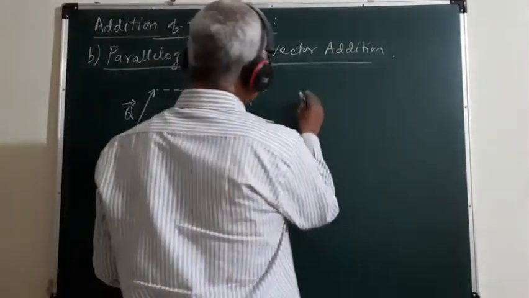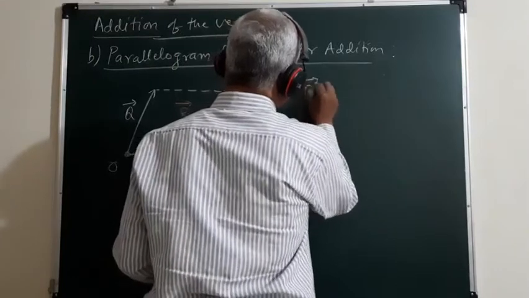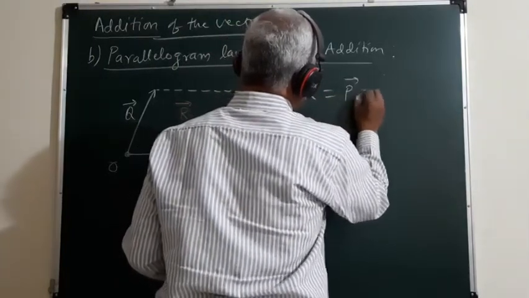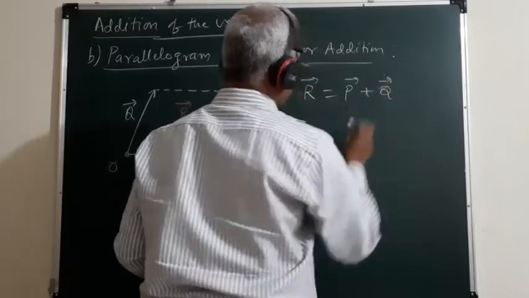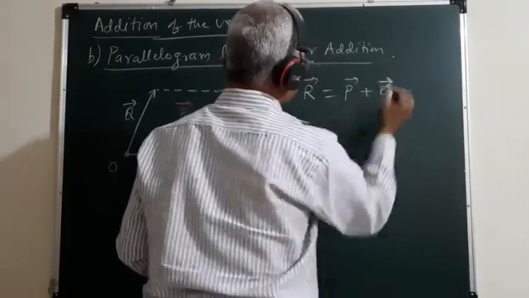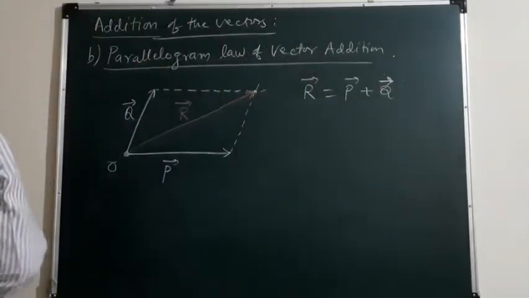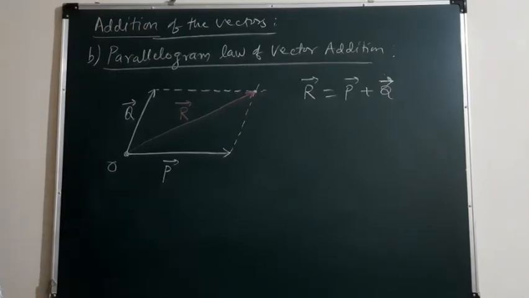So this is how, by using the parallelogram law method, we can perform the addition of the two vectors.